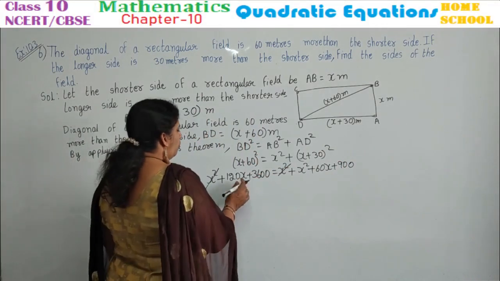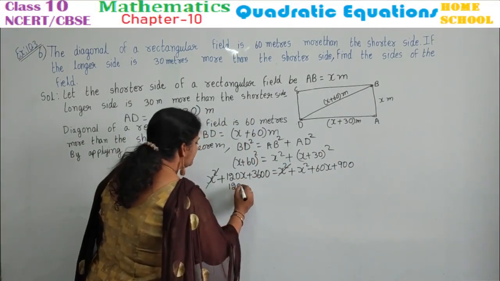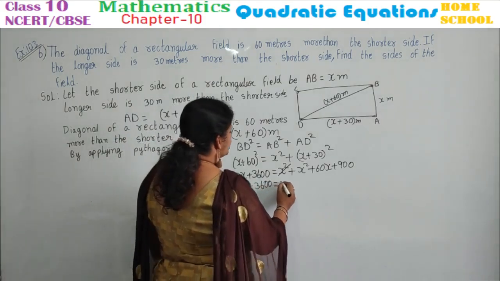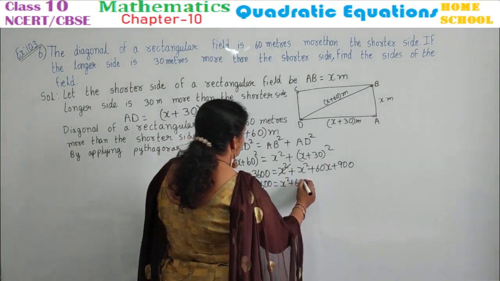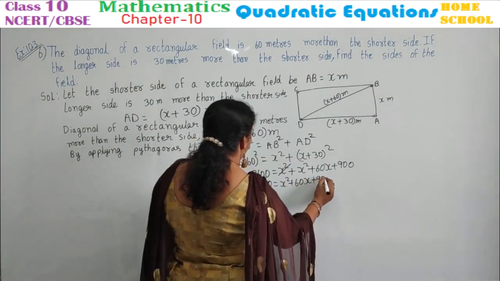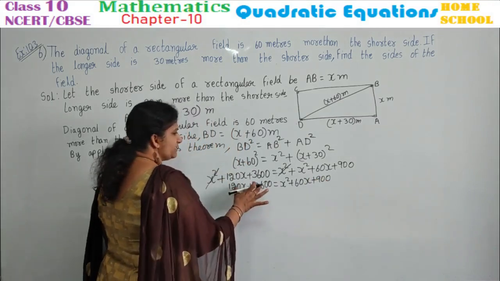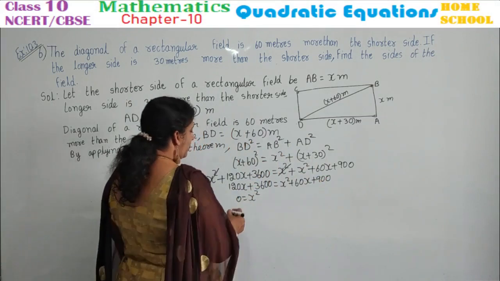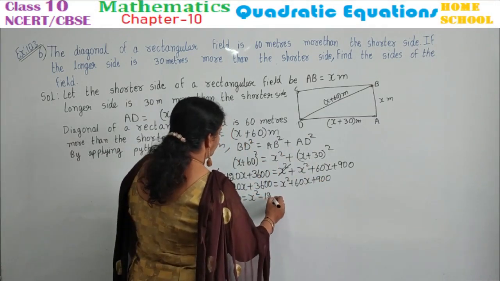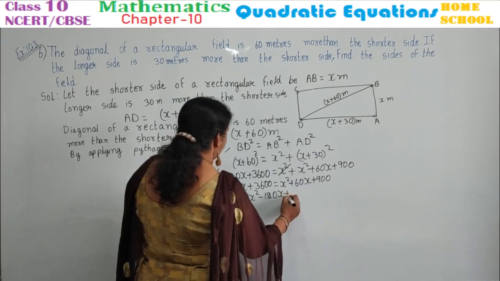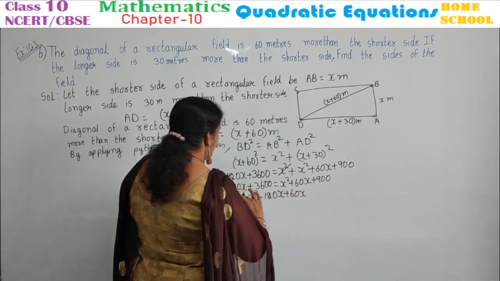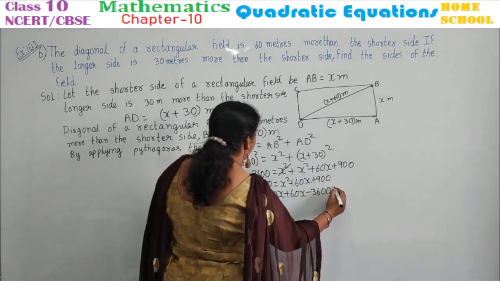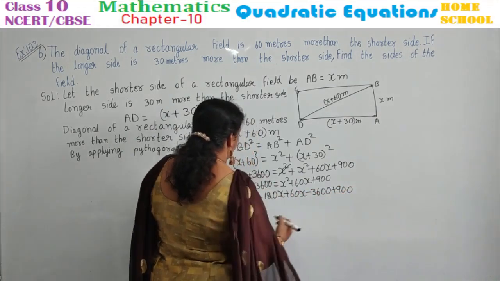And now 120x plus 3600 is equal to x square plus 60x plus 900 you are left with. So bring this side. 0 is equal to x square minus 120x plus 60x minus 3600 plus 900.